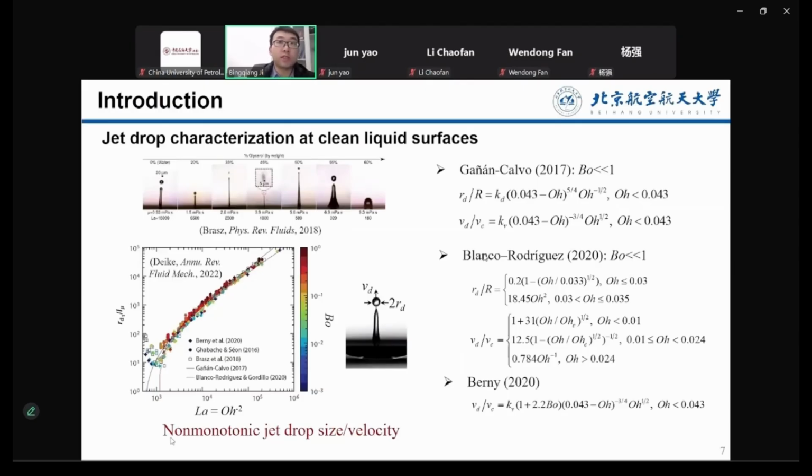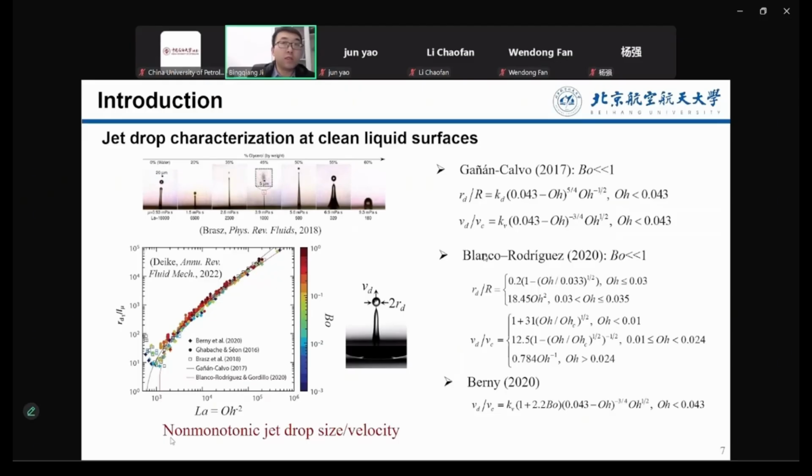The jet dynamics of bubble bursting is of particular interest because it finally breaks up and disperses droplet aerosols into air. And the size and velocity of the jet drop also depend on these two dimensionless numbers. For small bubbles with a Bond number much less than 1, the jet dynamics is mainly determined by the Ohnesorge number.